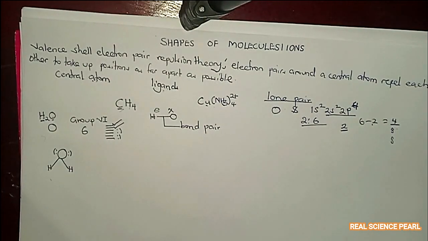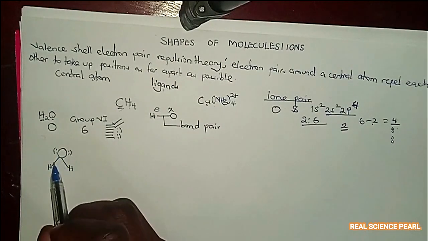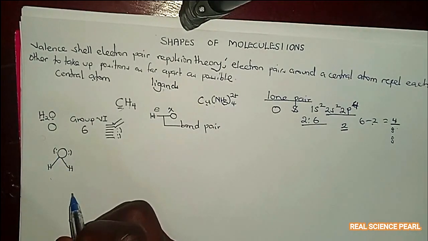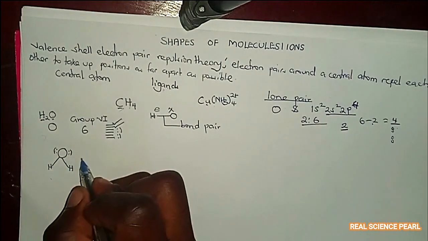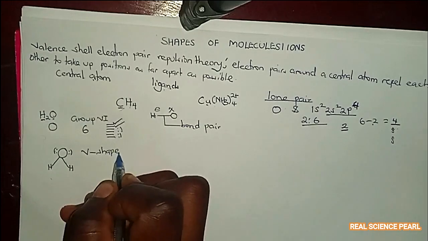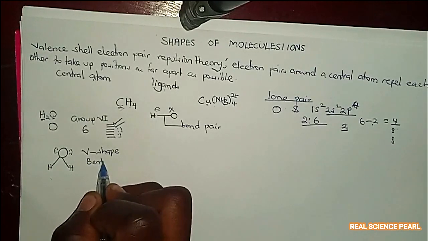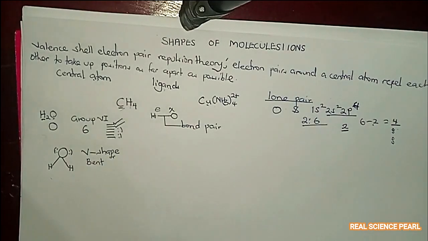That is the shape of water. So we are having two lone pairs, then we have two bond pairs, and this shape is called V shape, or what we call bent. If you don't call it V shape, we can call it bent.